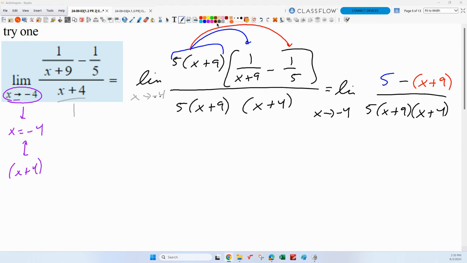X plus 4. Well, I still don't have an x plus 4 on the top. What do I have to do? Simplify. Yeah, you got to distribute the negative and collect like terms. Okay, so that's going to give me on the top 5 minus x minus 9, which is the same thing as negative x minus 4.